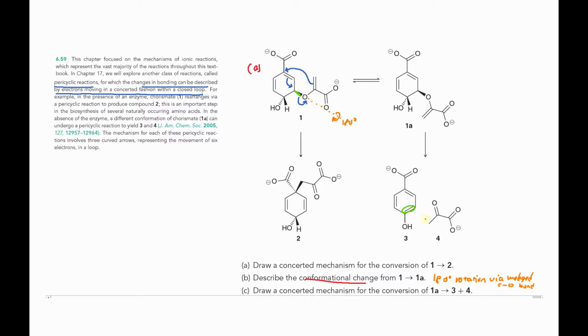What I can do is, because this is a leaving group, we definitely have to break this, but we're going to form a ketone here. So I place the arrow from that bond to the carbon-oxygen.